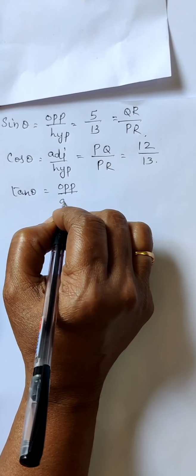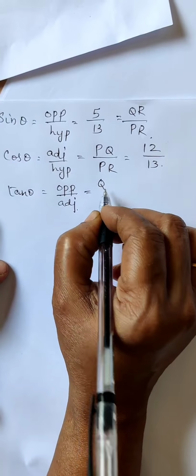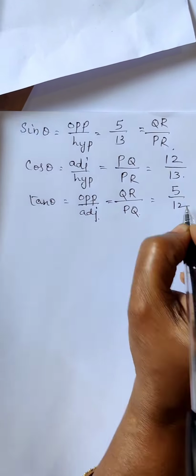Next, tan theta. What is tan theta? Opposite by adjacent. See, you should remember these ratios perfectly. What is opposite to theta? QR. QR by PQ means 5 by 12. Next, cot theta.